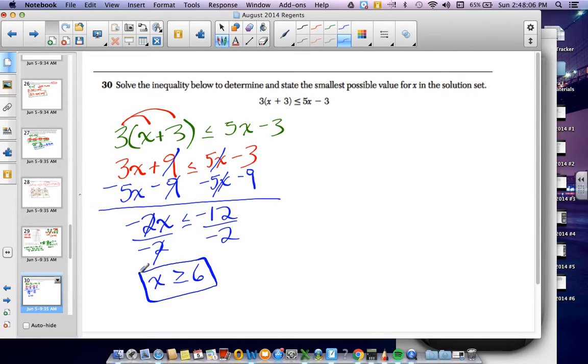And now let's go back to the second half of the sentence. What's the smallest possible value for x? So if x can be anything greater than 6, including 6, the smallest that it can be is 6.